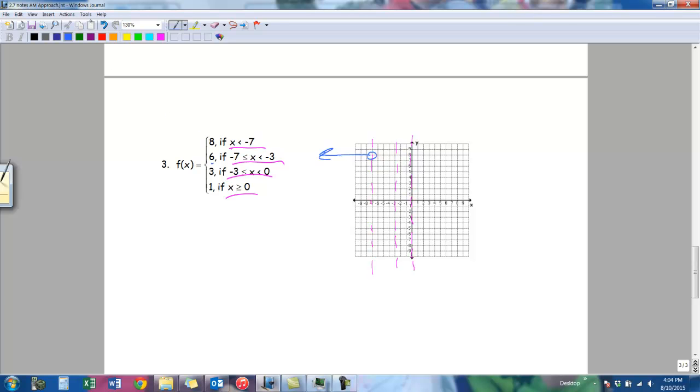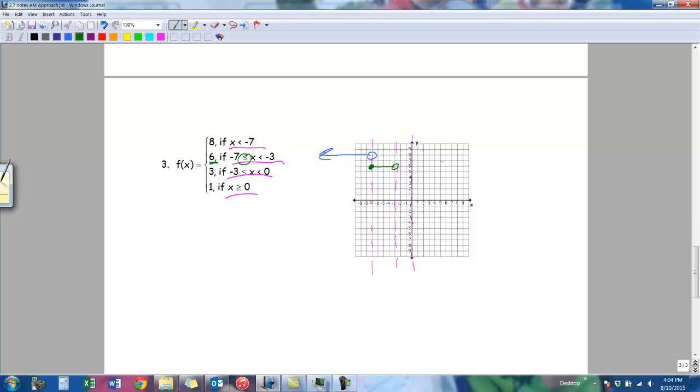Now y equals 6, this line occurs between -7 and -3. So at -7, that's a closed dot, because it was less than or equal to. And at -3, it's going to be open. And it's a horizontal line. You just connect those 2 points. y equals 6, that horizontal line 6.